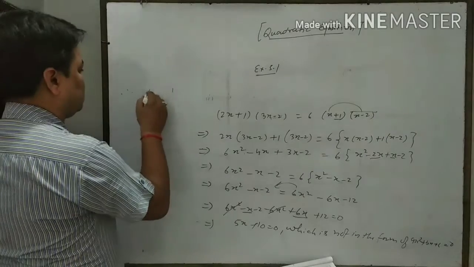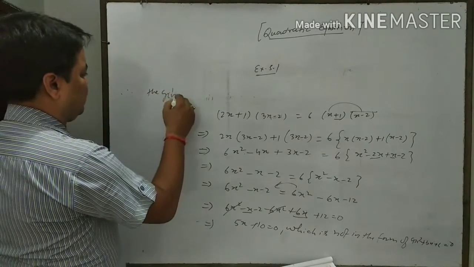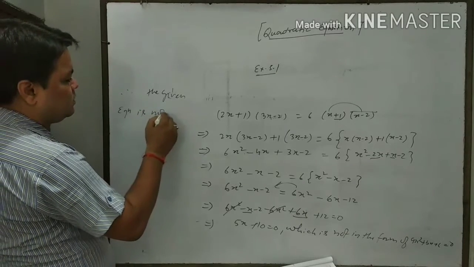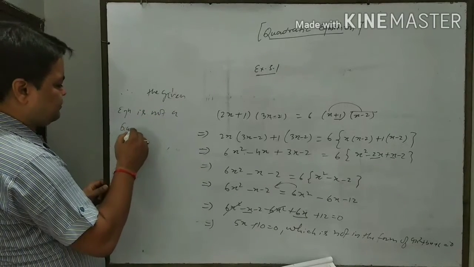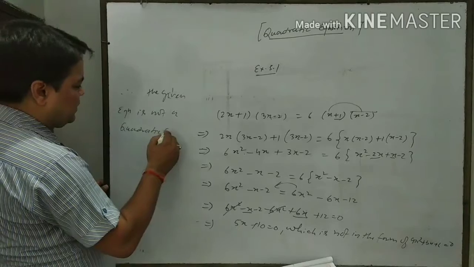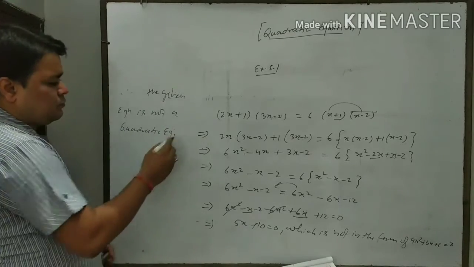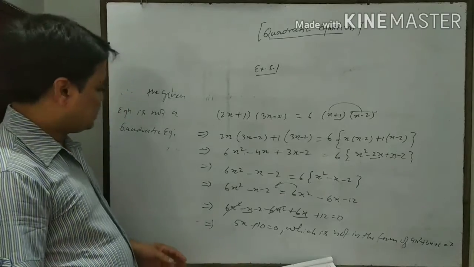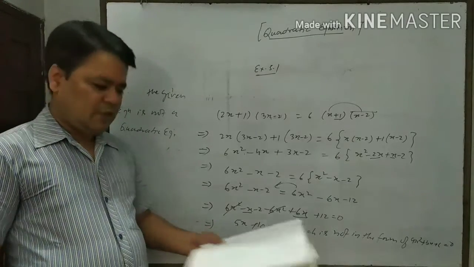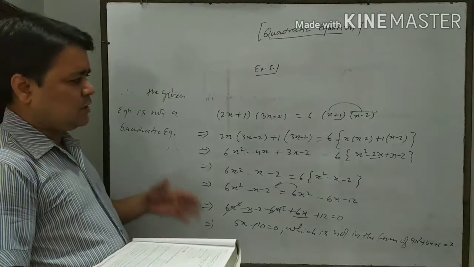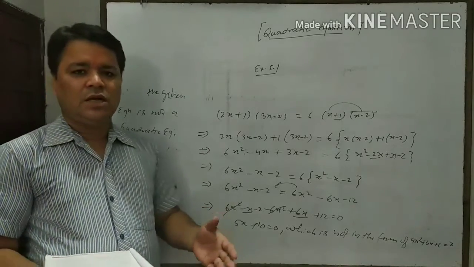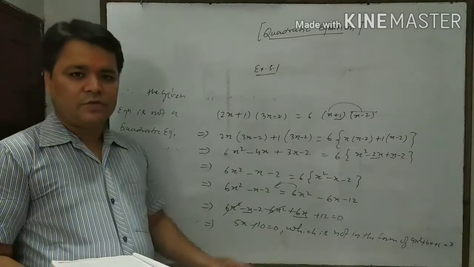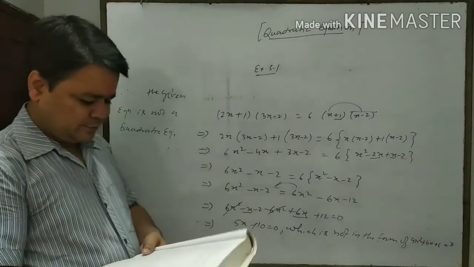Therefore, the given equation is not a quadratic equation. Okay, so this way we can solve this question. There will be some questions which are not quadratic equations, and some which will be quadratic equations, to be classified accordingly.